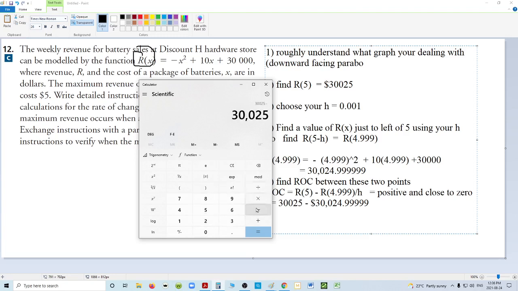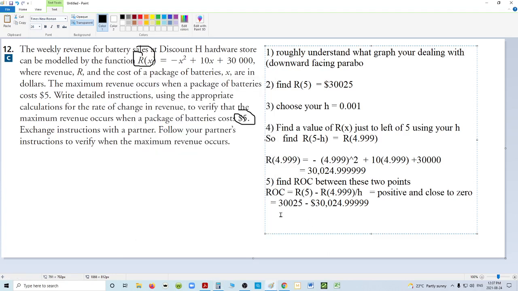I've got to do the first one first because r of 5 is to the right of r of 4.999. So I subtract it, and when I divide by my h, I get a positive number, 0.0001, which is close to 0 and positive.